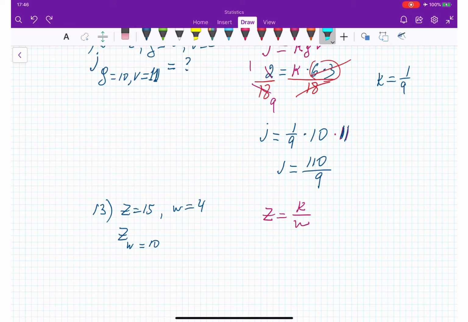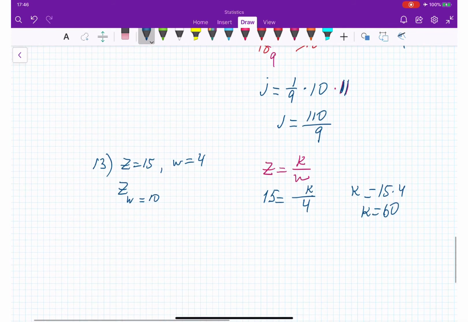So let's write down z is 15, w is 4. So k from here is equal to 15 times 4. So k is equal to 60.